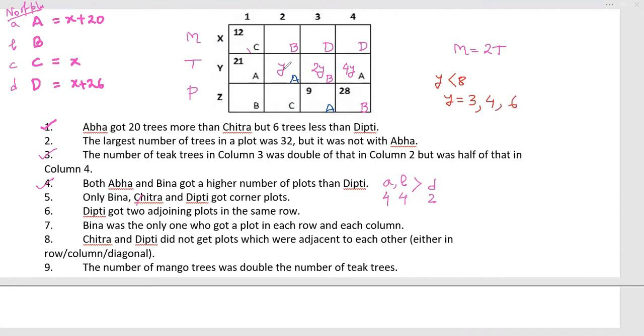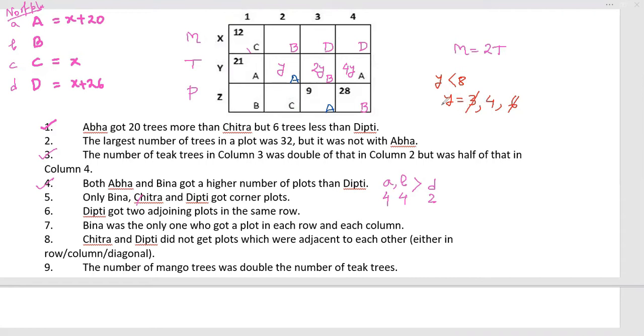If y is 3, then the number of trees will be 3, 6 and 12. But 12 is already done. So 3 cannot be. If it is 4, then 4, 8 and 16. That is another possibility. It is possible. But if it is 6, then 6, 12 and 24, but 12 is again already done. So 6 is also out.